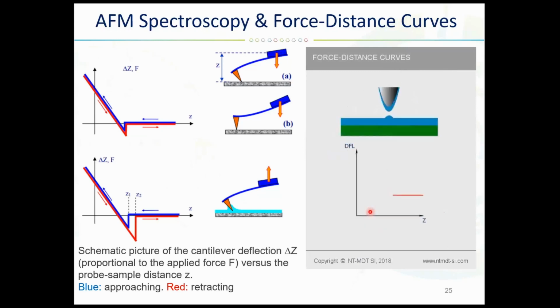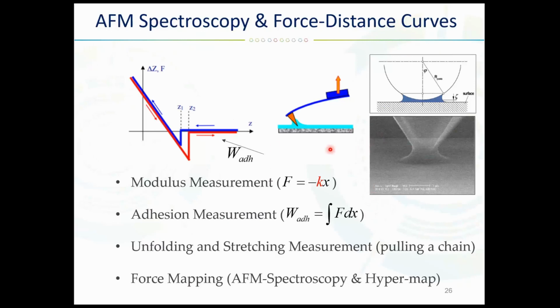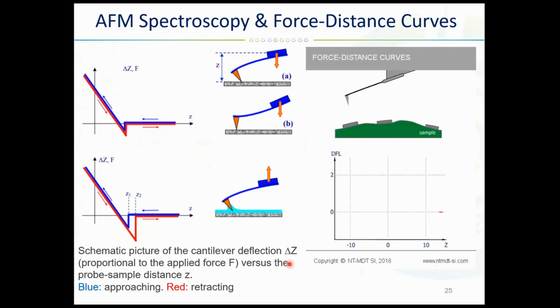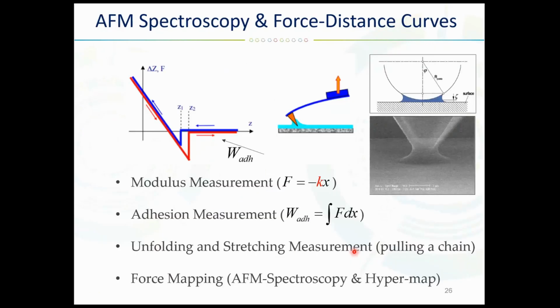The difference in these 2 different angles will show us the different deflection of the cantilever, and we can measure modulus, adhesion, unfolding and stretching, just knowing the difference of these angles.